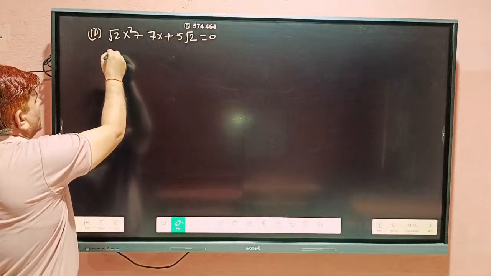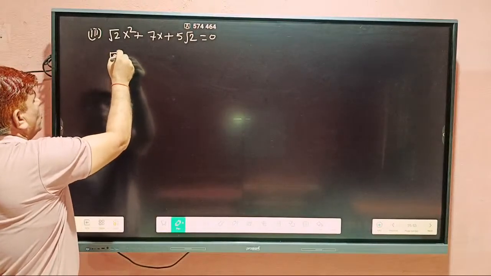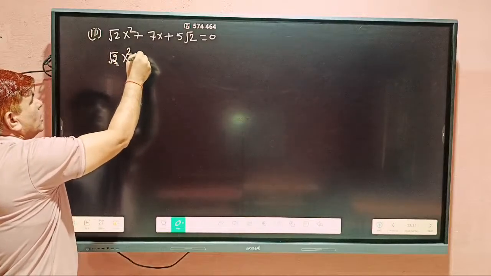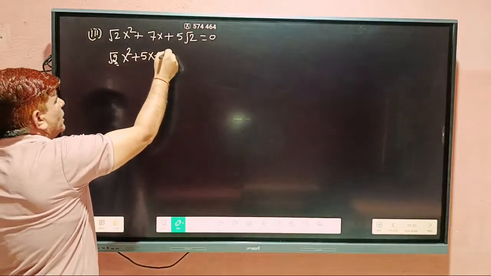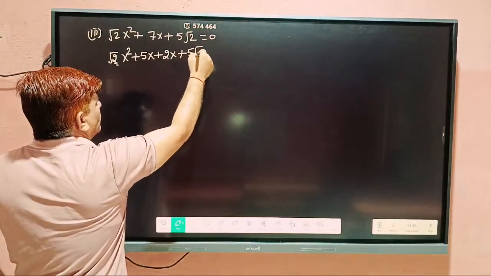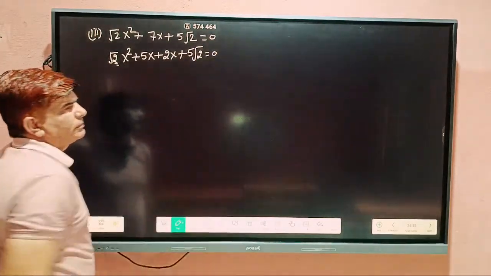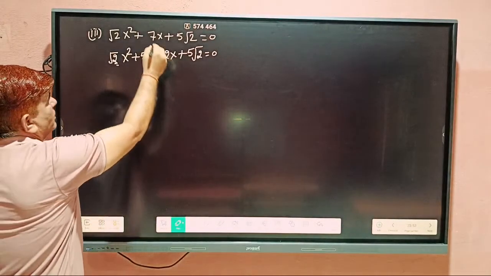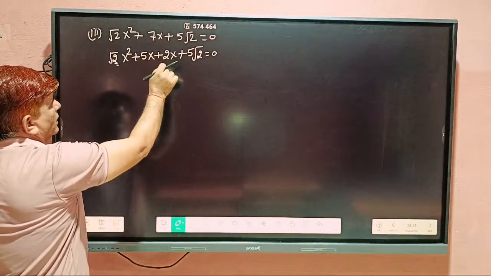So we can write it as root 2 x square plus 5x plus 2x plus 5 root 2 equal to 0. Got this? What's their sum? Equal to this, 7x.